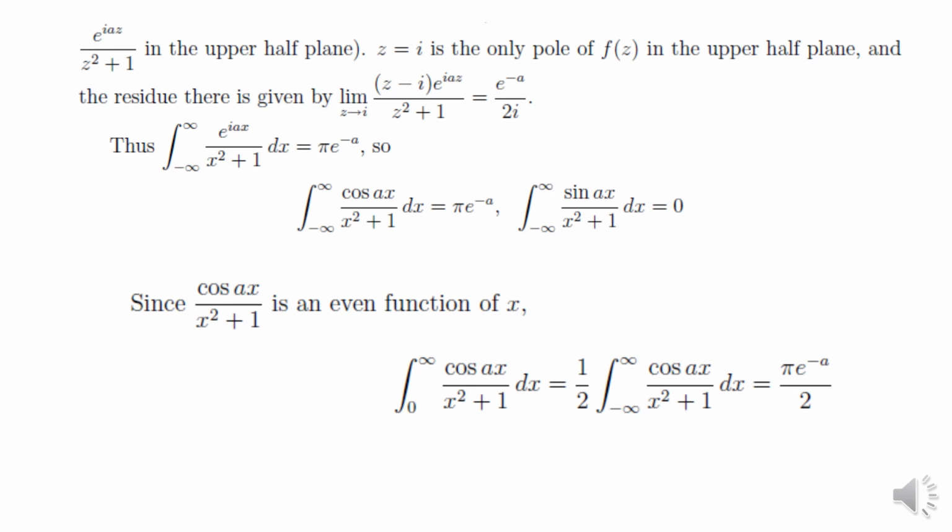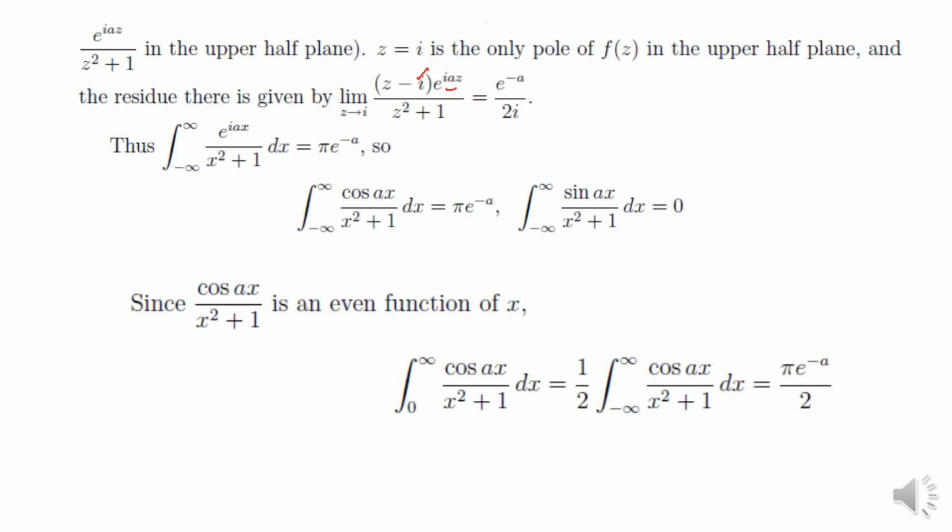So we can find the residue at that. Residue is limit z tends to i of (z minus i), because i is the pole, times e to the power iaz upon z square plus 1, which can be written as (z minus i)(z plus i). The z minus i will cancel out.